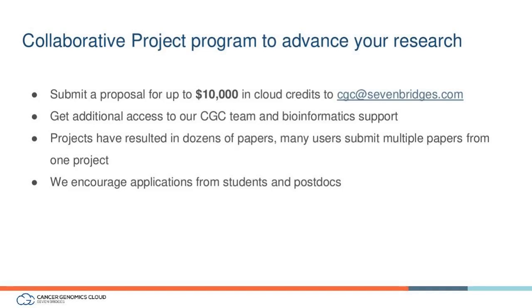But beyond that, if you run out of those funds, but you have some really excellent ideas that you want to try out for your research, we have this opportunity called the Collaborative Project Program. So you can submit a proposal and you will be awarded up to $10,000 in cloud credits for a single project. So we highly encourage applications from students and postdocs.